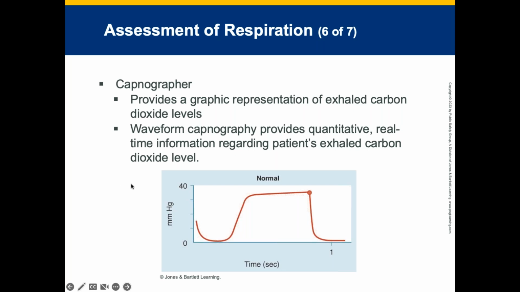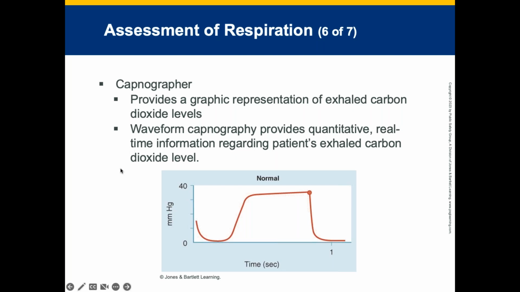As they exhale, you have that quick upshoot going up, and then this is what they call the plateau coming across. And that little circle you see here, that is your end-tidal reading before the inhalation, going back down to 0 again. The number you're reading on the meter, if it goes right through like this here, would be around 38 or so. That's your end-tidal reading, 38. What you see on the screen is a normal waveform, right?